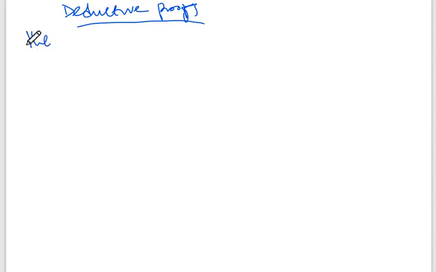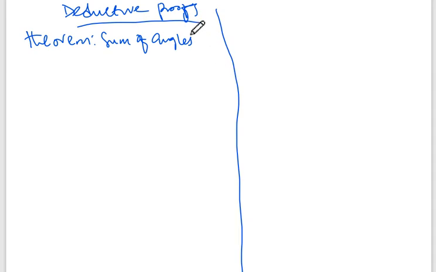Okay, look at this theorem. The sum of angles on a straight line is 180 degrees.